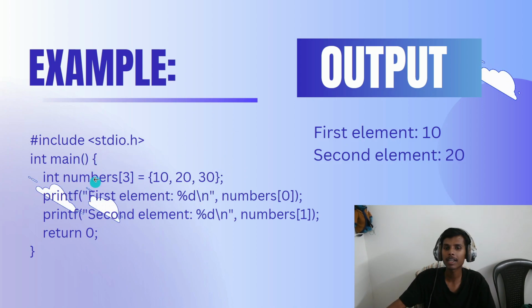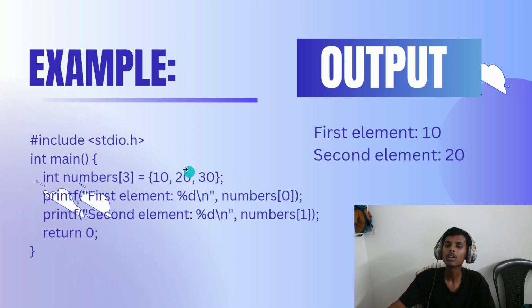Here we have declared an array variable named numbers, which stores 3 values of data type integer. Right now I have to display the first element. For that I need to use index number 0, because the first element is stored at index number 0.